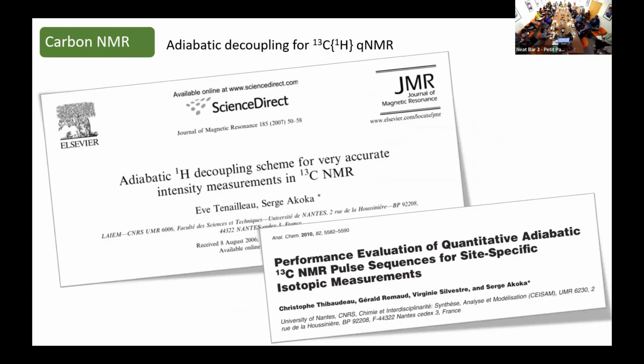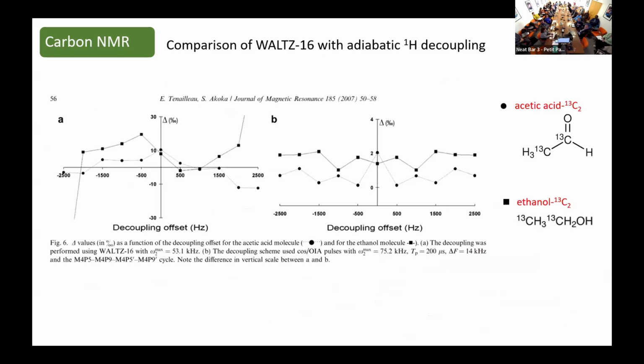They work with site-specific isotope ratio determinations, and the determination of the isotope ratio in each position of a molecule. And so they have shown that this adiabatic decoupling was better. This is a figure of one of their papers.